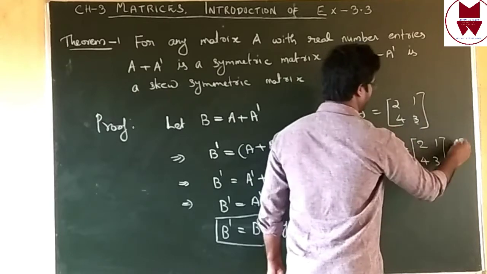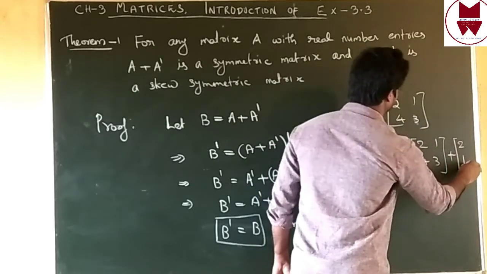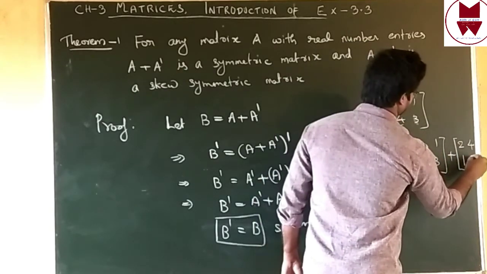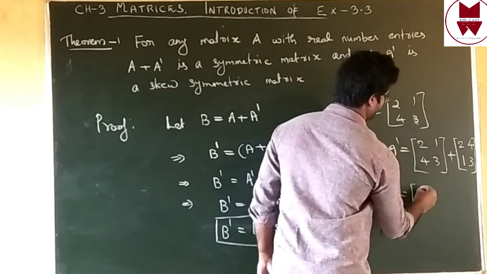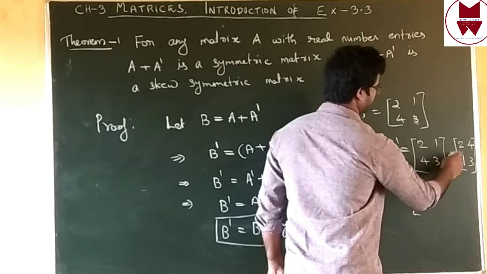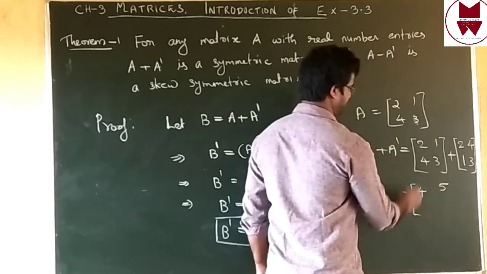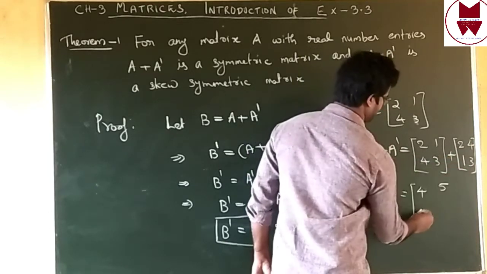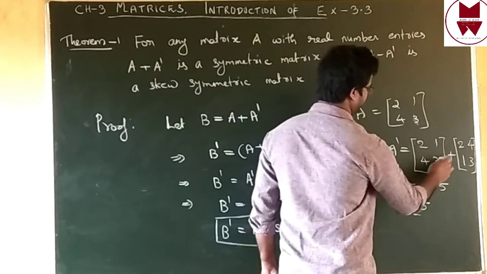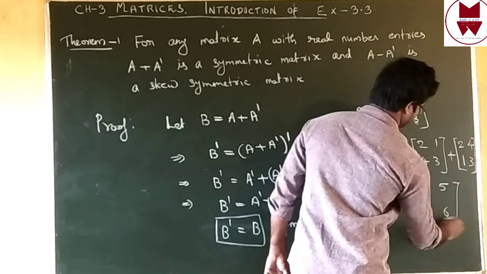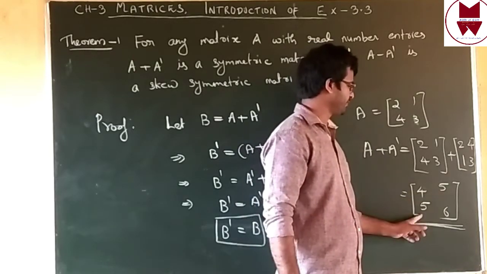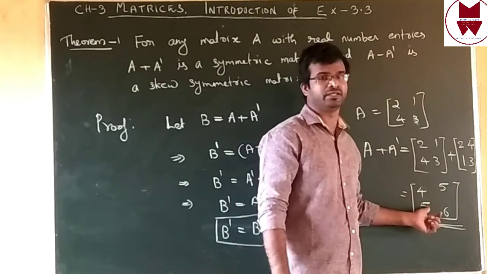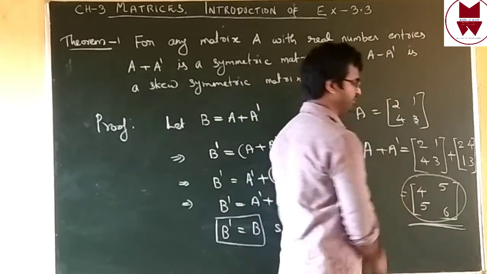Make the first row as the first column: 2, 1, then 4, 3. What? 2 plus 2 is 4. Then 1 plus 4 is 5. Then 4 plus 1 is 5. 3 plus 3 is 6. This matrix 4, 5, 5, 6 is a symmetric matrix. This answer is a symmetric matrix.